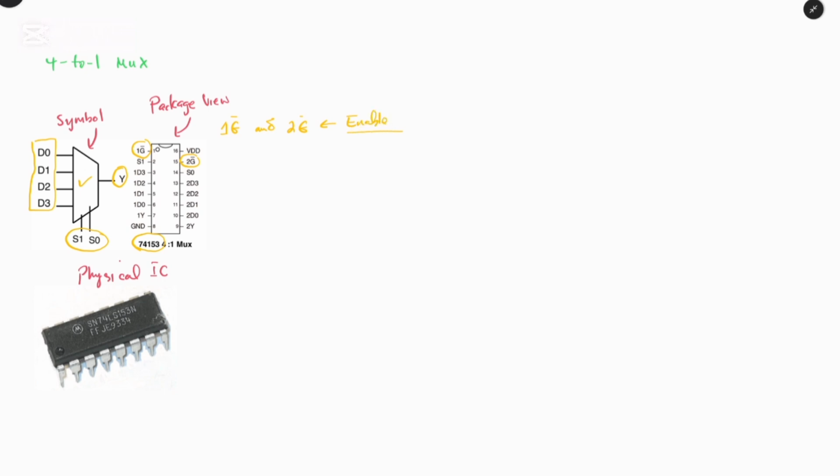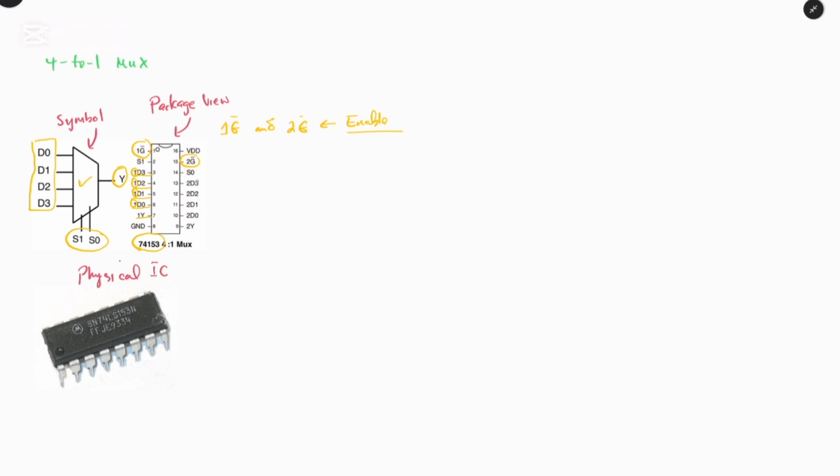And when we want to enable, for example, in this chip, you can see there are two 4 to 1 multiplexers. So this D3, D2, D1, D0, they have the 1 in front, which represents the first 4 to 1 multiplexer, and 1Y represents the output.